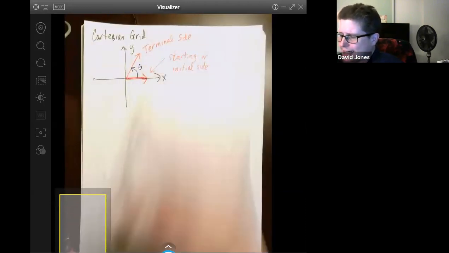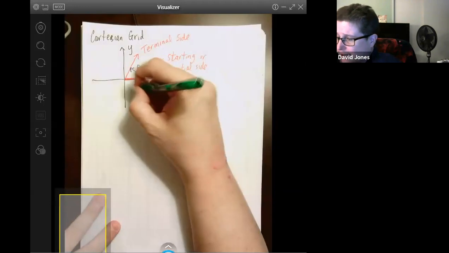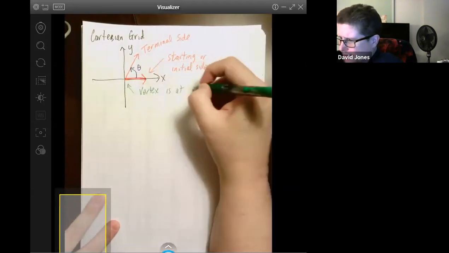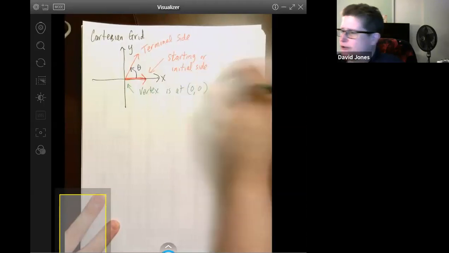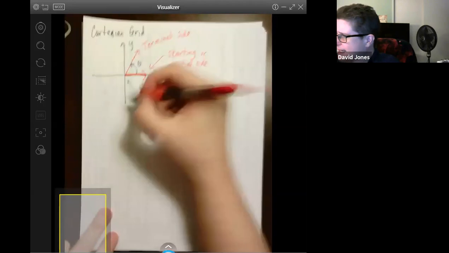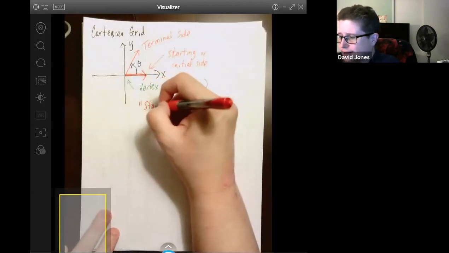And the vertex is at 0, 0. The coordinate 0, 0. We say this is in standard position.